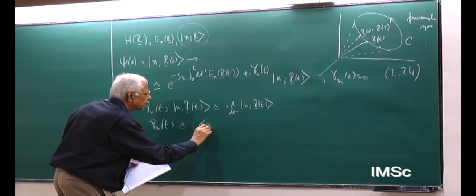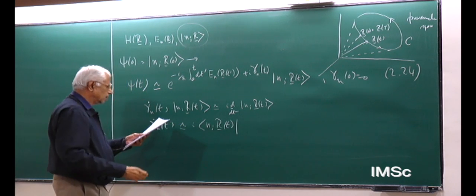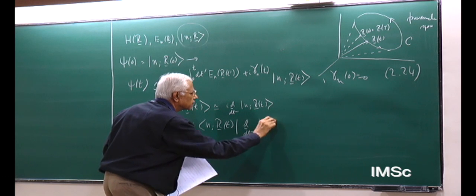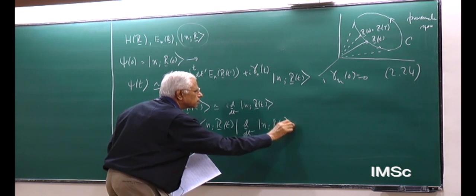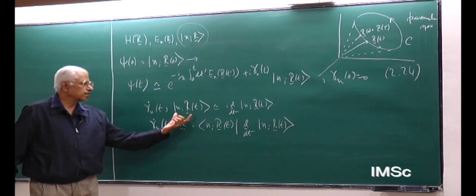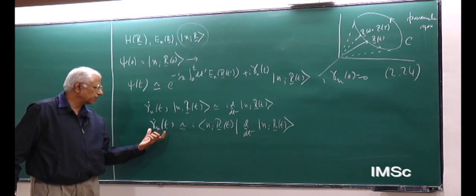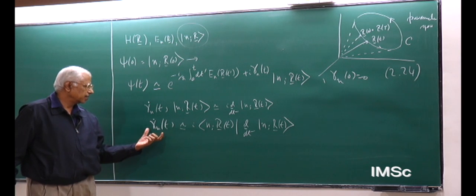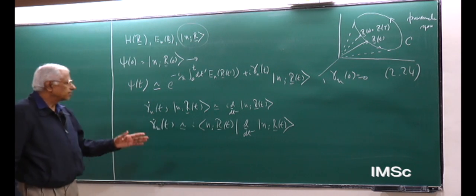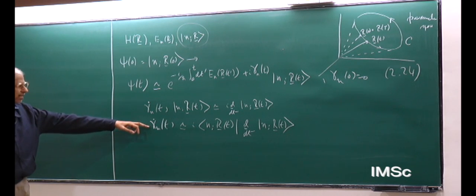I just take the inner product of both sides with this bra vector. It's a unit vector. So on the left, you just get gamma n of t dot, the time derivative, and this much. So you can see that in principle, this fellow can be there.